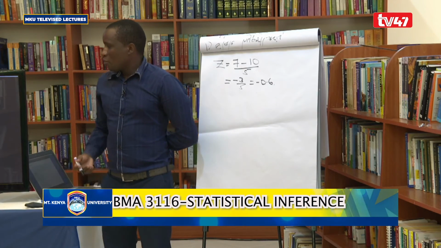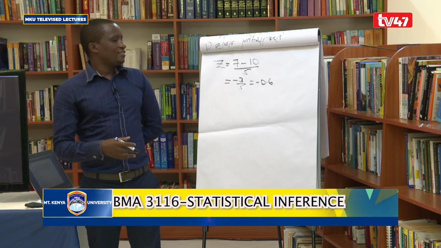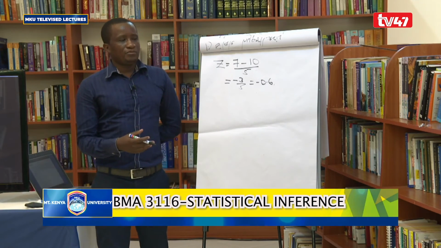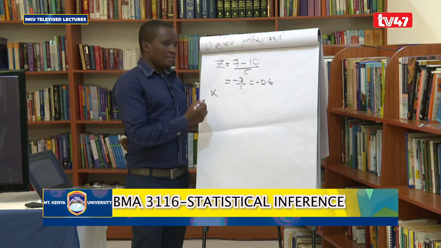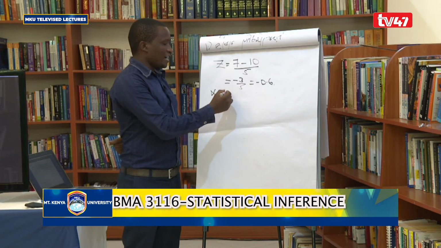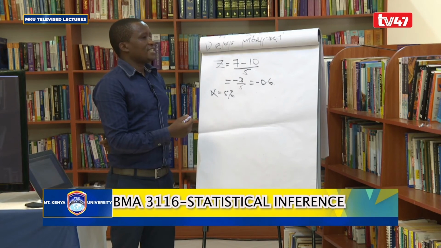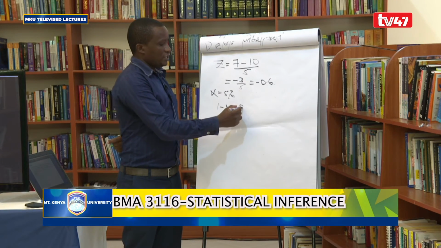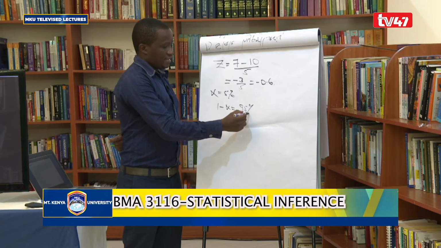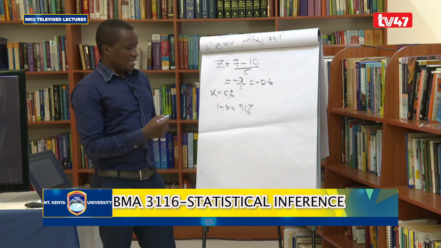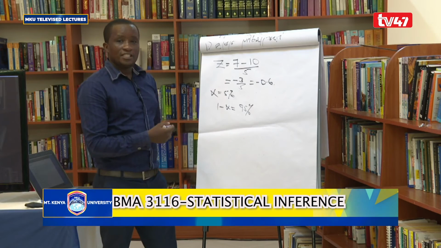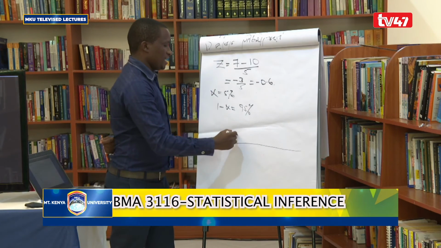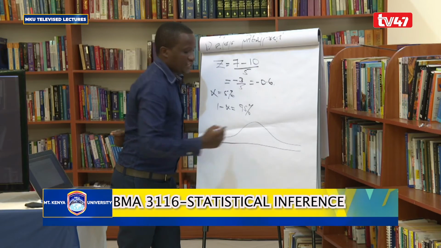But then we are to compare it to the critical value from the standard normal distribution. You notice that we've been given to test at an alpha of 5%. So this means that the level of significance is 1 minus alpha, which is 95%. Now, we notice another property of the normal distribution is that it is symmetric.